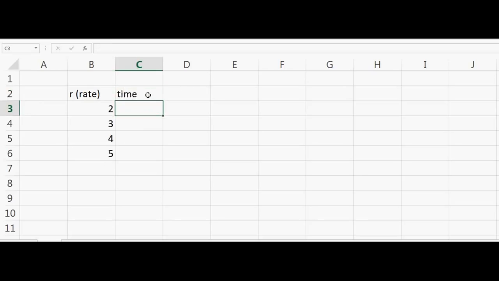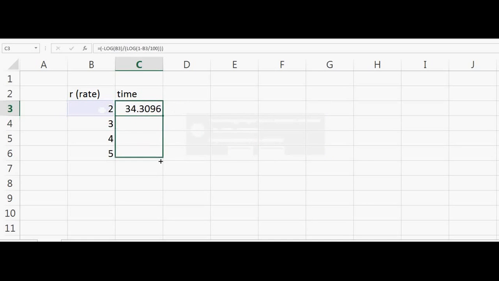So time for your money to become half will be equal to minus log of 2 divided by log of 1 minus R. So I'm dividing the rate by 100 because it's in percentage, and that's your time.